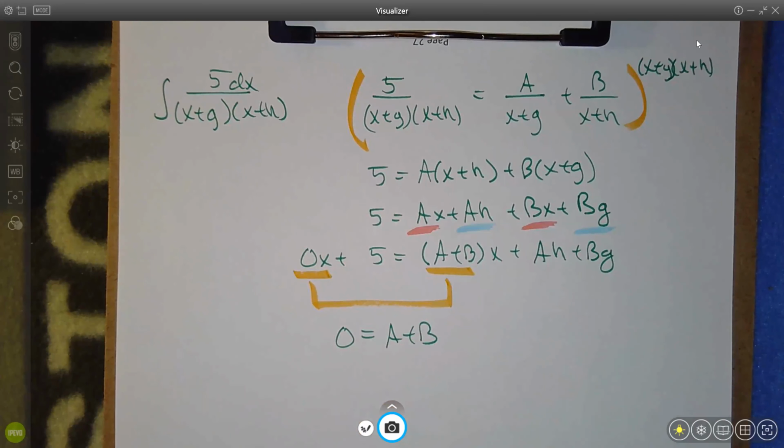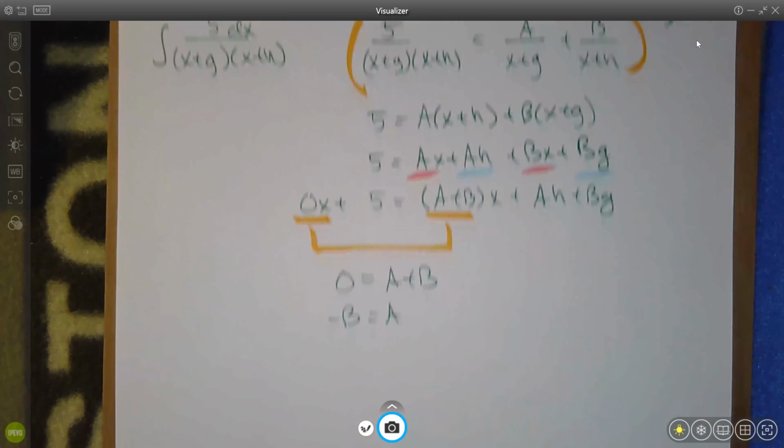And that actually is pretty helpful, because that tells me that a equals negative b. If I move this to the side, negative b equals a. So, okay. What else can I get?